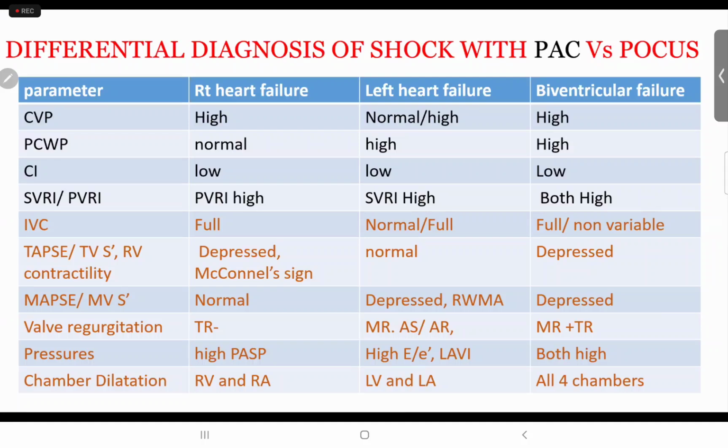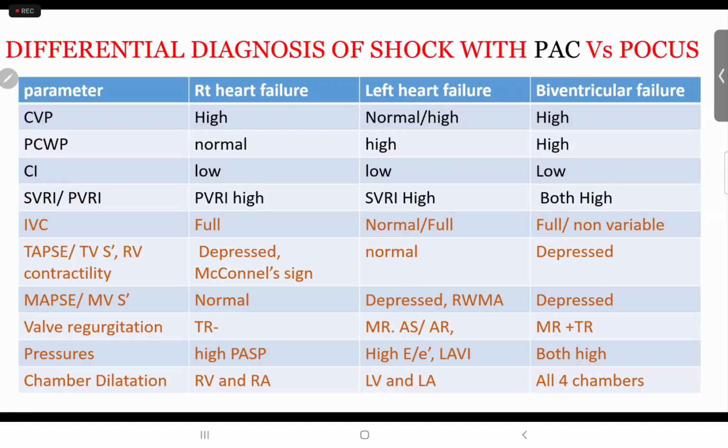But the right ventricular contractility indices like TAPSE and tricuspid valve S prime will be immensely depressed in right heart failure. It may be normal in left heart failure. But left heart failure indices like left ventricular ejection fraction, MAPSE, and mitral valve S prime will be severely depressed along with regional wall motion abnormalities in left heart failure, which will be normal in right heart failure. In biventricular failure, both will be depressed.